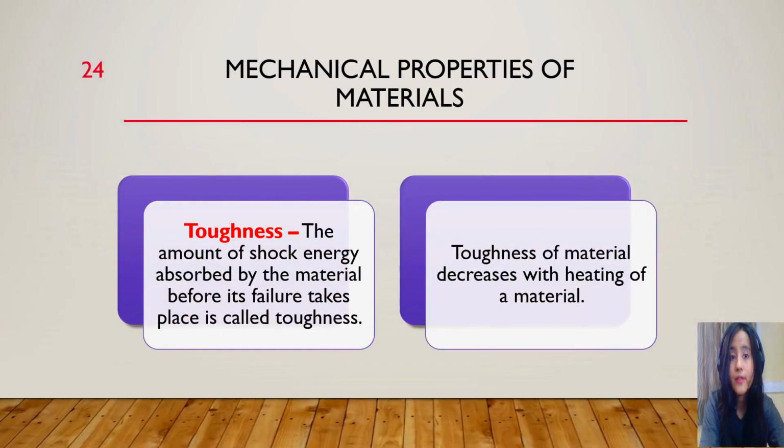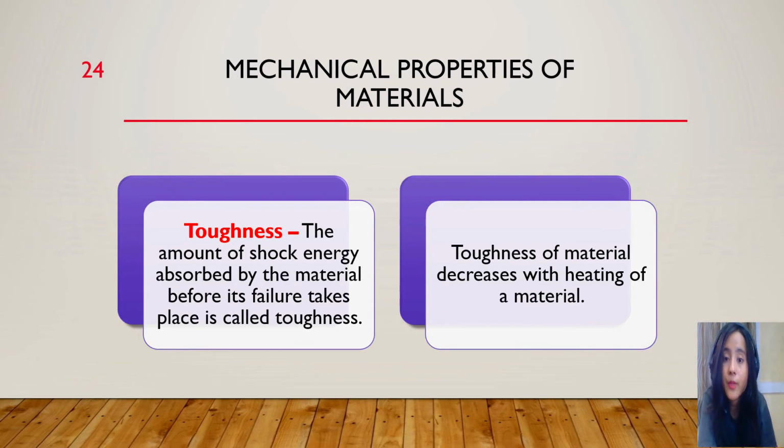Next, we have toughness. Toughness means, say I have a stone, and I suddenly apply a huge force on the stone. The stone will absorb the force from the hammer and then it will break. So the amount of force it absorbs before it breaks is known as the toughness of the material.